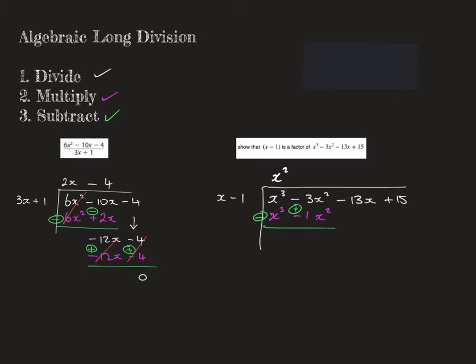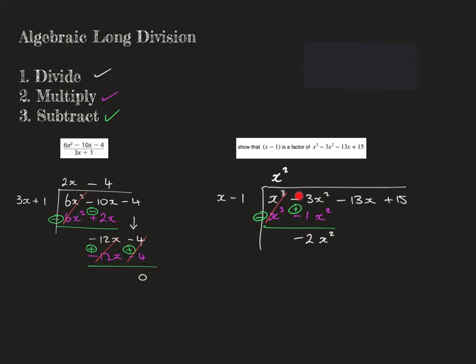We'll just tidy all this up, and we see there that our x cubes are going to cancel. And we also see that if we have negative 3 and we add 1 to it, we'll end up with negative 2. And that's obviously x squares. So negative 2x squared.